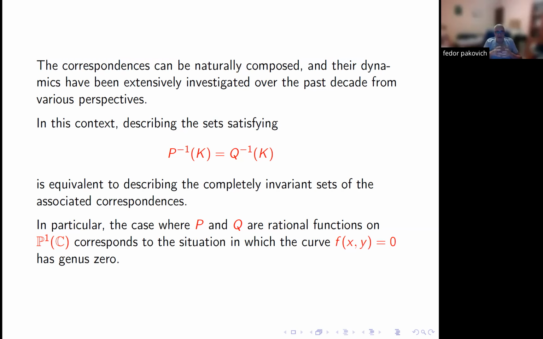And so eventually, in this context, describing the sets satisfying this equality is exactly equivalent to describing the completely invariant sets of the associated correspondences. And of course, this is a fundamental question. So what could be these completely invariant sets?